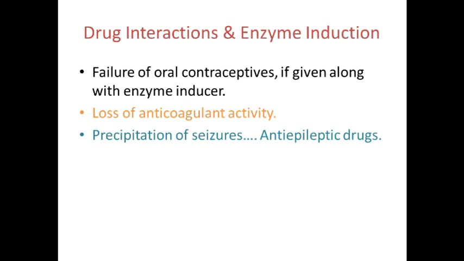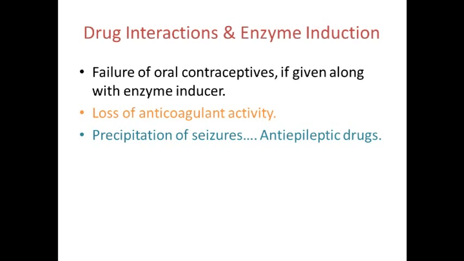There are a lot of clinical implications associated when you give drugs with inducers, especially a few examples here. In fact, there will be an endless list of examples, but a few I just need to mention. Failure of oral contraceptives if given with enzyme inducers.